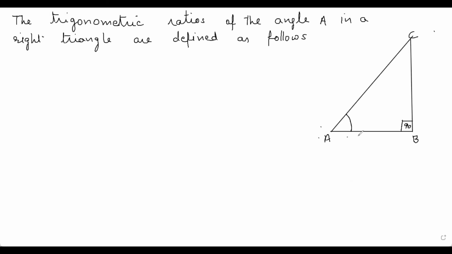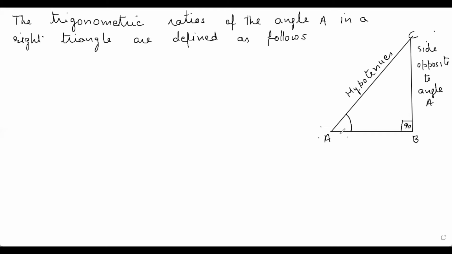The trigonometric ratios of the angle A in right triangle ABC are defined as follows. Angle A is an acute angle. Position of the side BC with respect to angle A: BC faces A, so we call it the side opposite to angle A. AC is the hypotenuse.